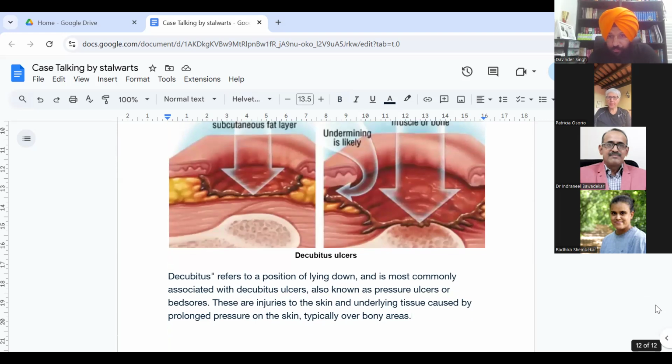Decubitus refers to the position of lying down and is most commonly associated with decubitus ulcers, or pressure ulcers, or bed sores. Whatever the condition of the patient, we have to manage these things first, because if they increase, they worsen the condition of the patient.